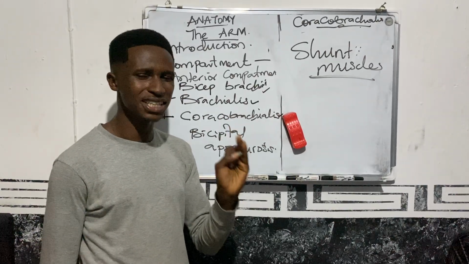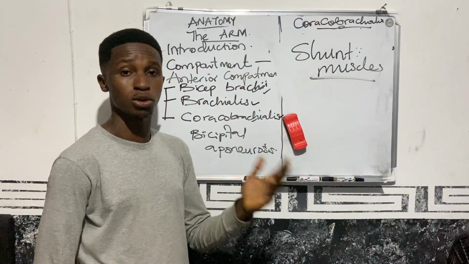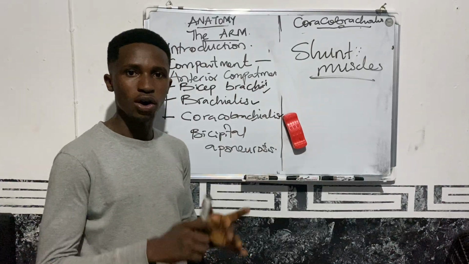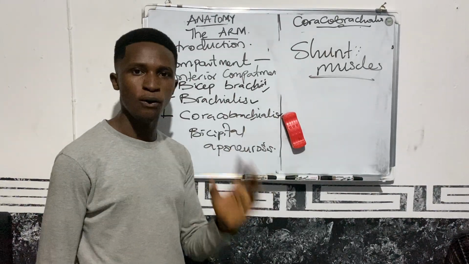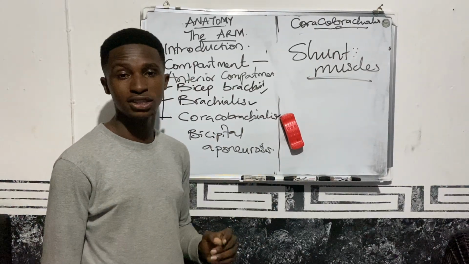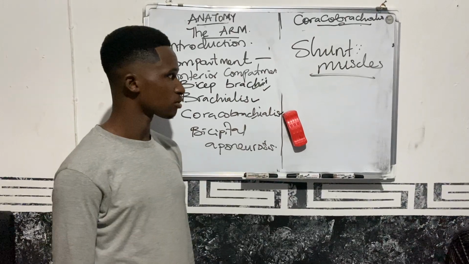Number 3 is called the deltoid muscle. We'll talk about that muscle in a subsequent video. So the deltoid muscle, coracobrachialis, and long head of triceps brachii form the shunt muscles, and they are important for preventing inferior dislocation of the humerus from the shoulder joint.